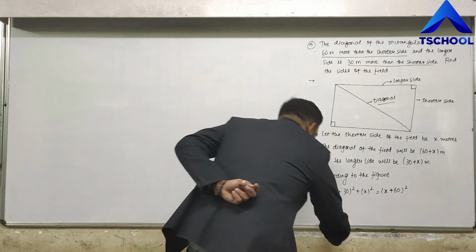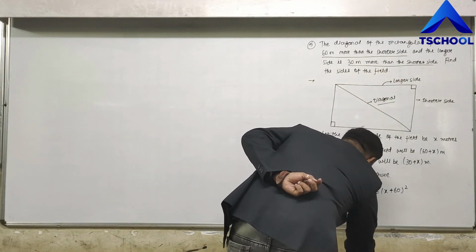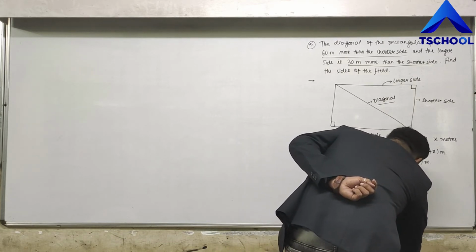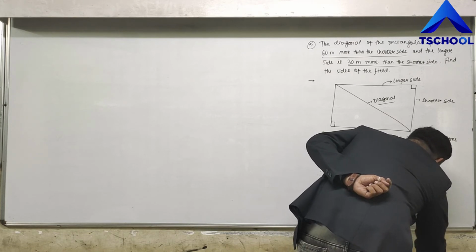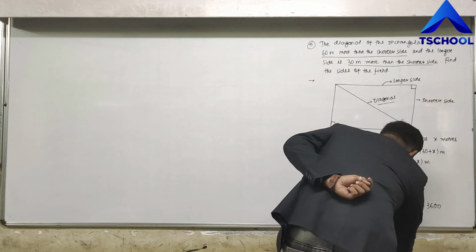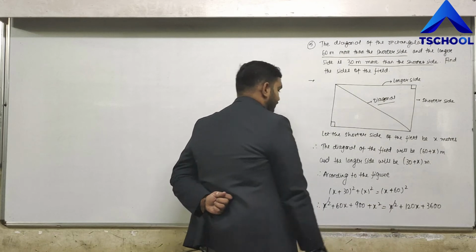So let us expand it here itself. That gives me x square plus 60x plus 900 plus again an x square, that is x square plus 120x plus 3600, right? You can cancel out one of the x squares here.